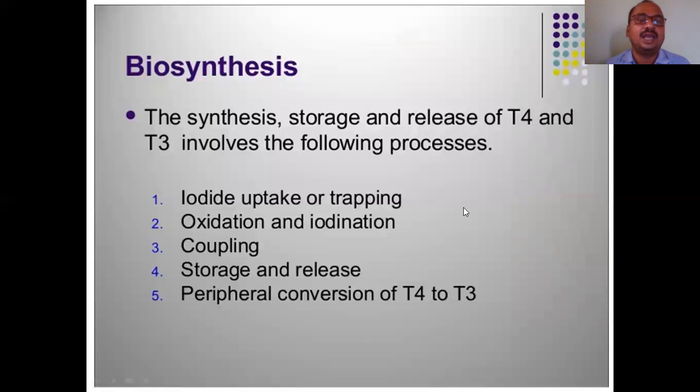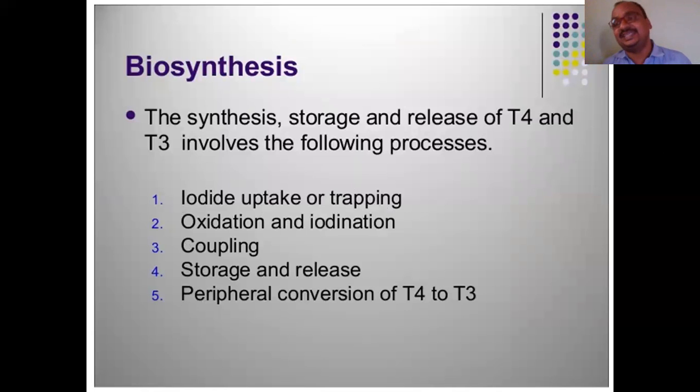And biosynthesis, this point is important. How do the synthesis, storage and release of T4 thyroxine and T3 triiodothyronine take place? 5 steps are there. First step is iodine uptake or iodine trapping.